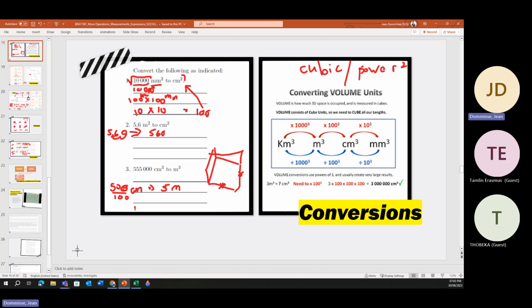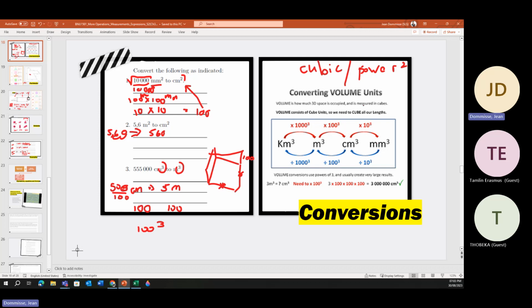So there's another 100 that we're going to divide with, and we need to do it for the other side as well. So there's another 100 that we need to divide with. So where it would have been normally just divide by 100, now it is divide by 100 to the power of 3, because we are working with cube.